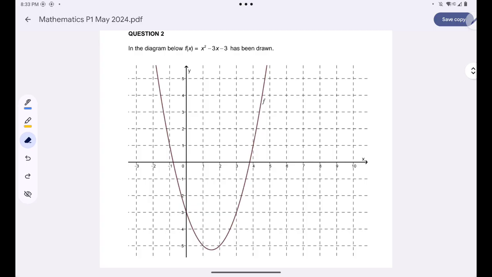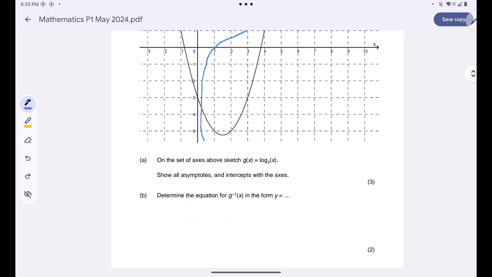This graph will look like this. It will cut the x-axis at x is equal to 1. Excuse my drawing, I'm not good. It's a graph that will look like this.